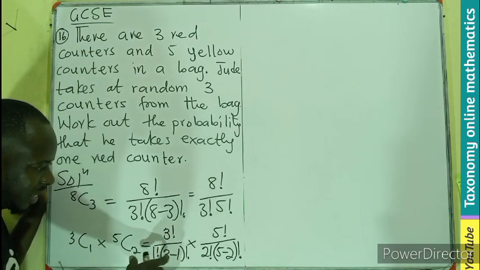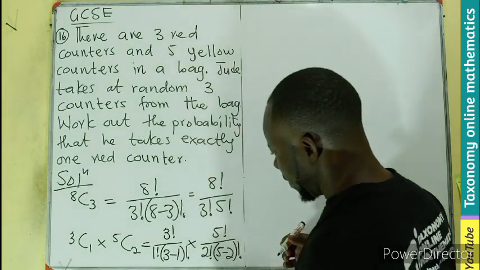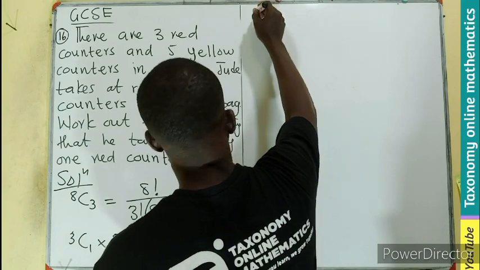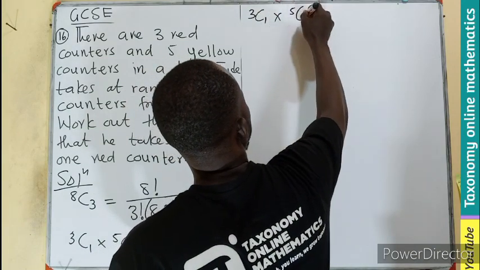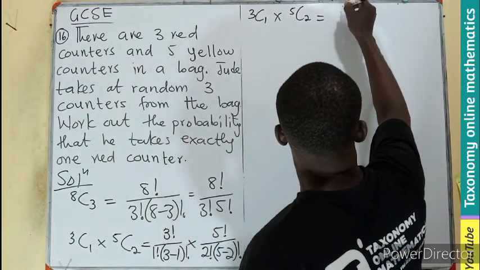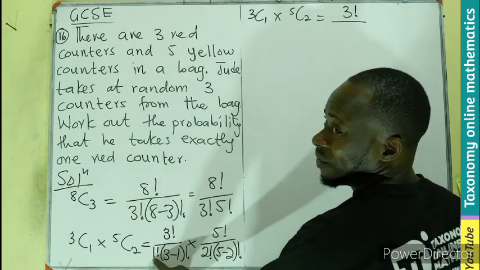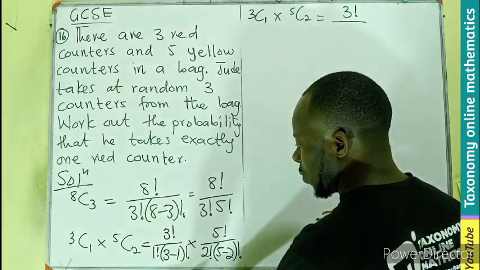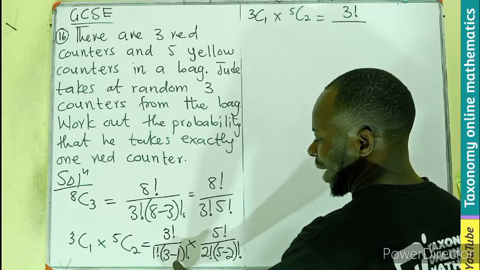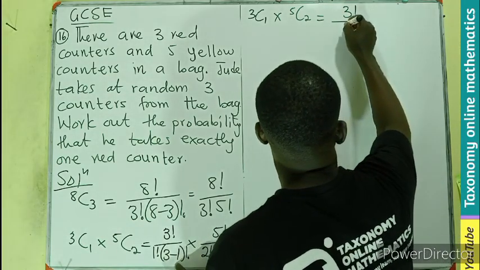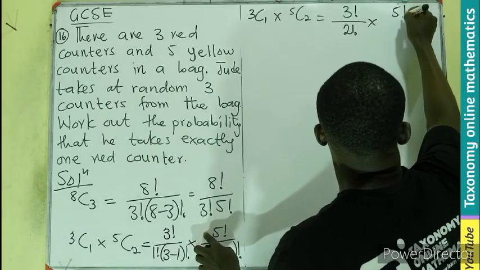So let's simplify this. Let's take the first one. Here, I will still have my 3 factorial in the numerator. 1 factorial is 1, so I can ignore that. This becomes 2 here, because 3 minus 1 gives us 2. That will be 2 factorial.